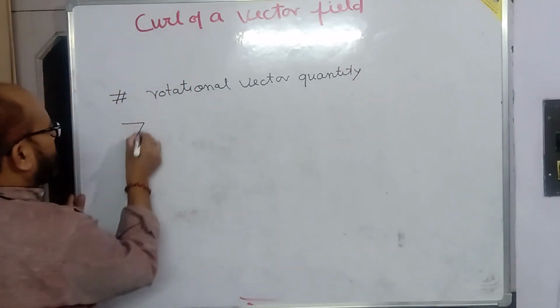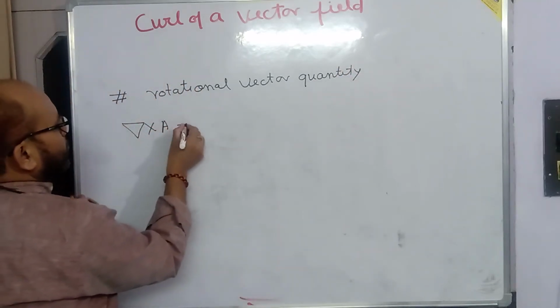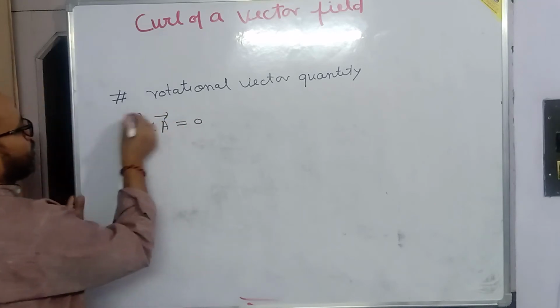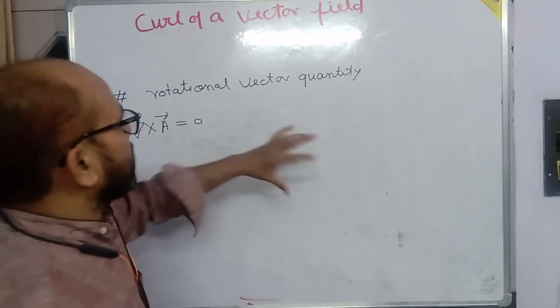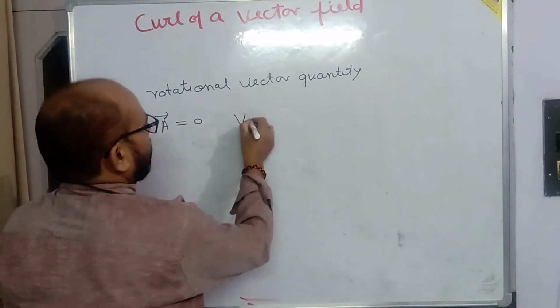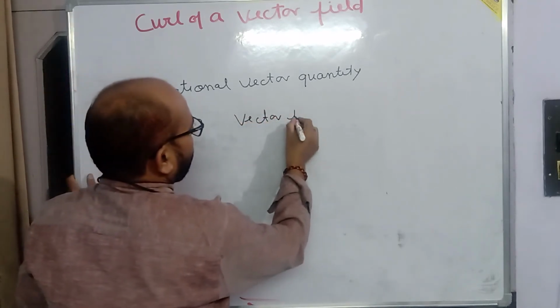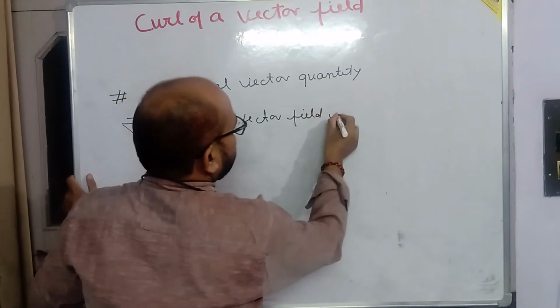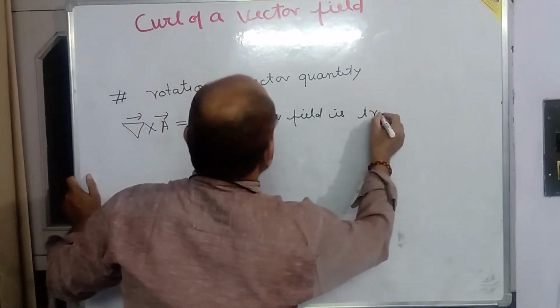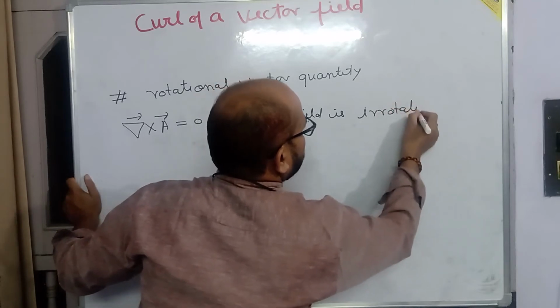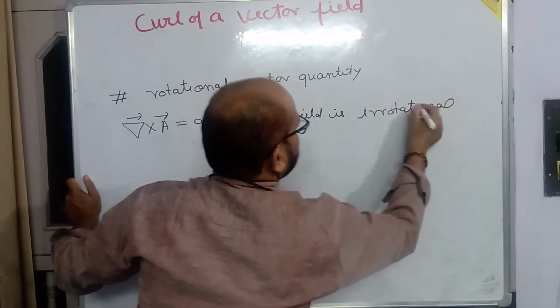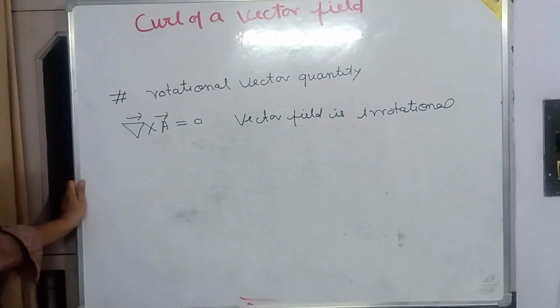If the curl of vector A is equal to 0, that means the vector field is irrotational. Okay? The vector field is irrotational.